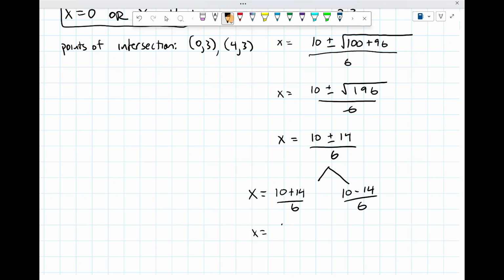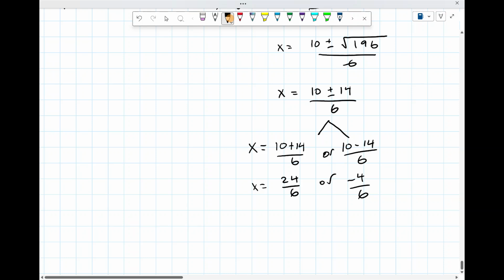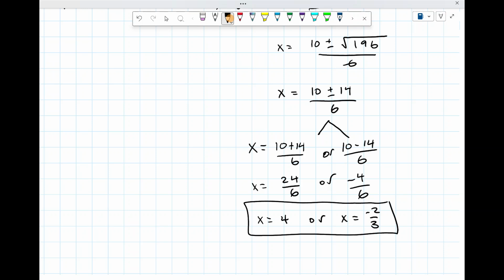So this ends up being 24 divided by 6 and negative 4 divided by 6. 24 divided by 6 is 4. And I'm going to simplify the other one to negative 2/3. So those are my two possible answers.